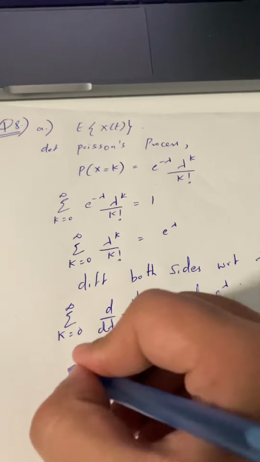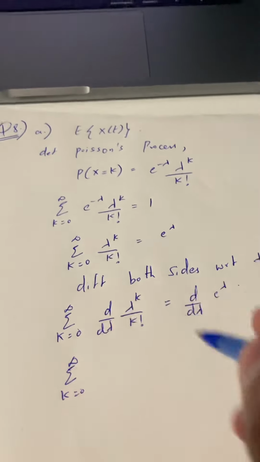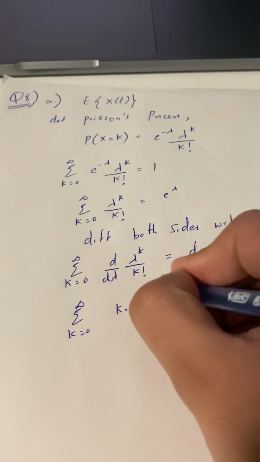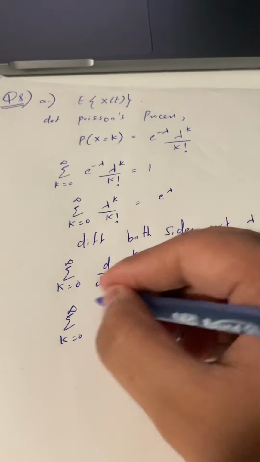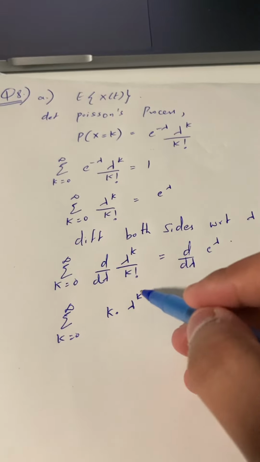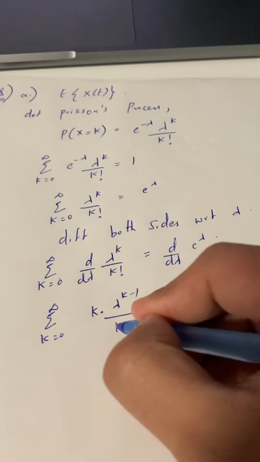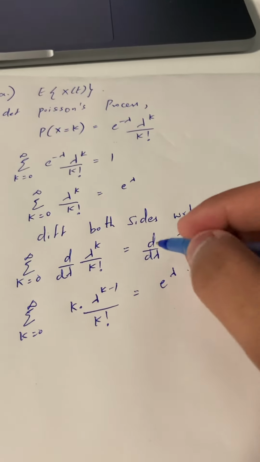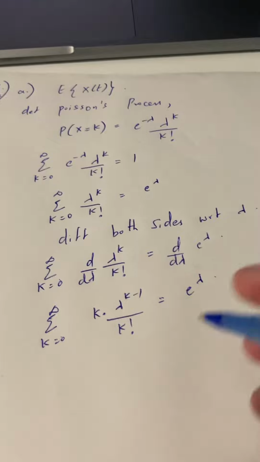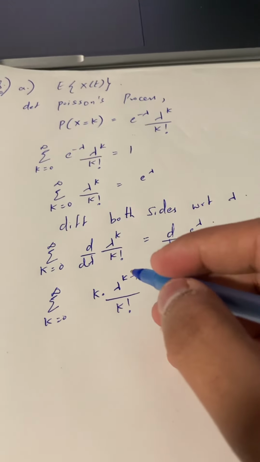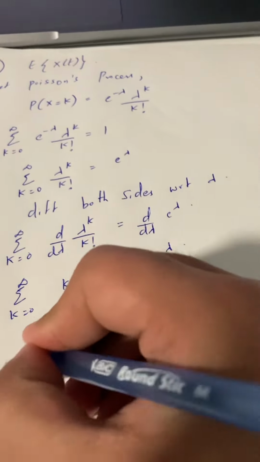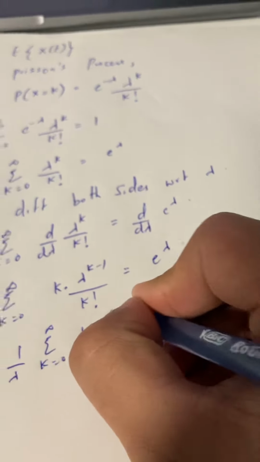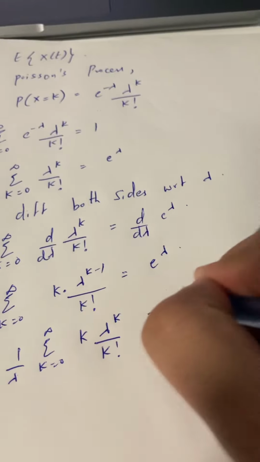Differentiating lambda power k with respect to lambda, it becomes k into lambda power k minus 1 by k factorial, equal to e power lambda, since the derivative of e power lambda with respect to lambda is e power lambda. Lambda to the power of k minus 1 can be written as 1 by lambda, so we get 1 by lambda sigma k running from 0 to infinity k lambda power k by k factorial equals e power lambda.